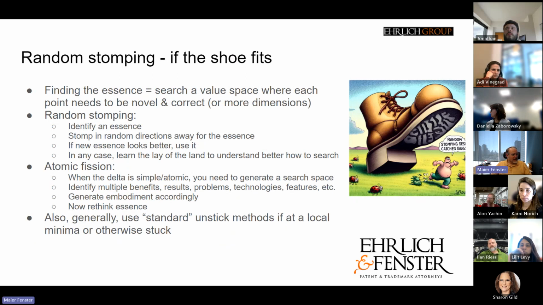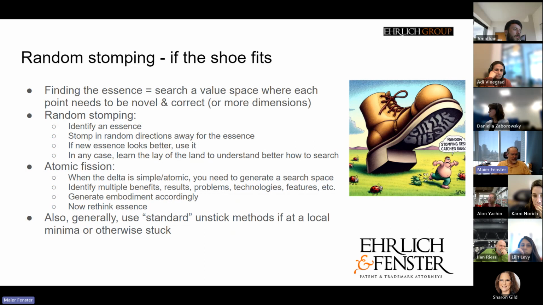There are 2 sayings that I conflated here. One is random stomping seldom catches bugs, and the second was, if the shoe fits, wear it. And the reason why I'm doing it is because finding the essence is perhaps more like searching a value space, where each point has to be novel, as in inventive, and correct, as in everything that it covers works.